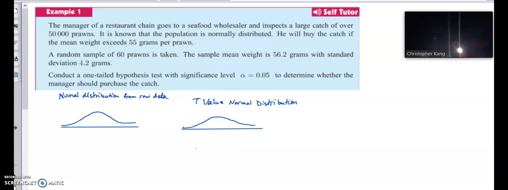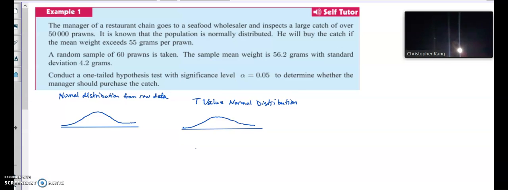Okay, let's take a look at an example of how we can use a t-test to make a decision on whether our null hypothesis should be accepted or our alternative hypothesis should be accepted. Take a look at this example out of your book. It says the manager of a restaurant chain goes to a seafood wholesaler and inspects a large catch of over 50,000 prawns. It is known that the population is normally distributed, which we need for normal curves.